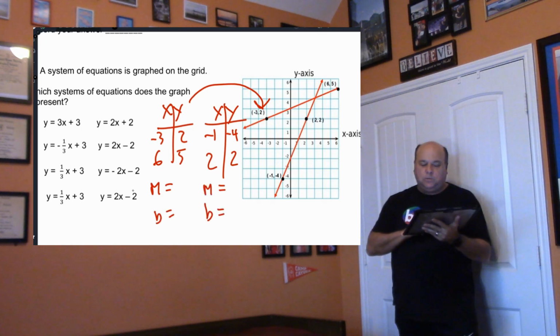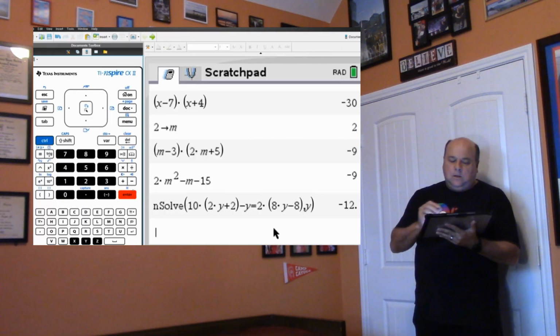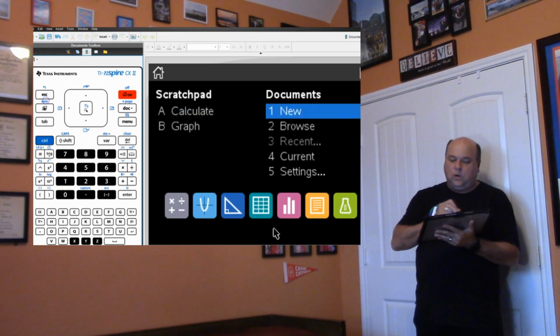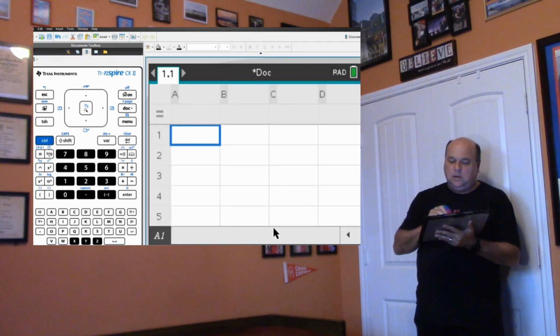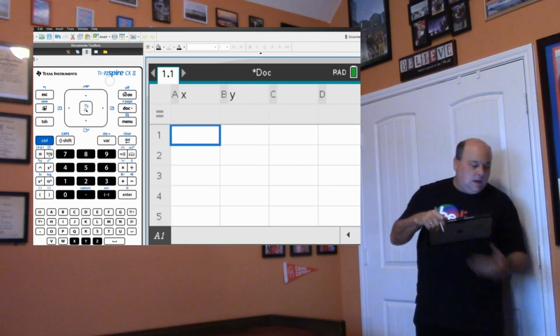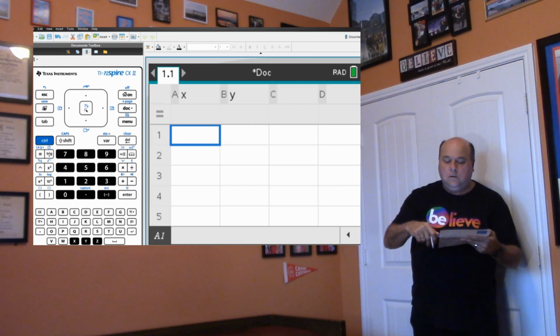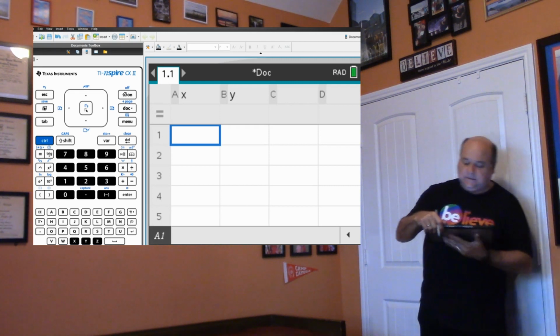So let's type the first one into a spreadsheet. Negative 3, 2, and 6, 5. Okay, so we hit home. We're going to click 1 for new. We're going to add a spreadsheet. Type in the X and Y. And then our points are, I cannot see that because the type's too small.